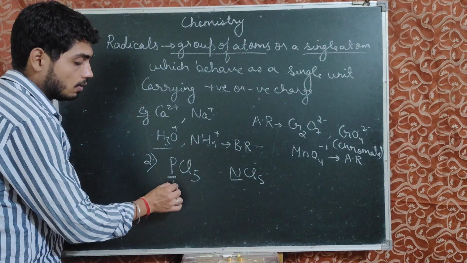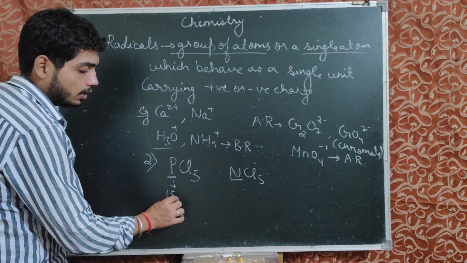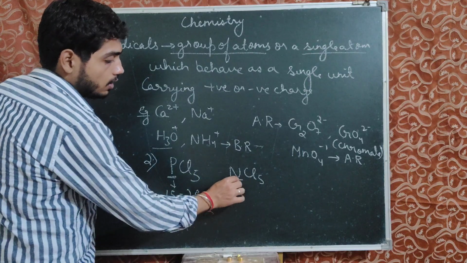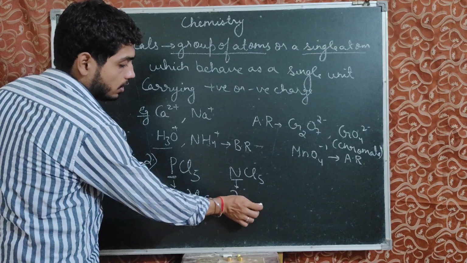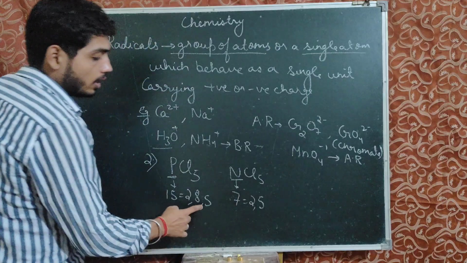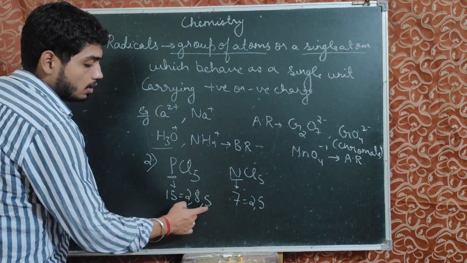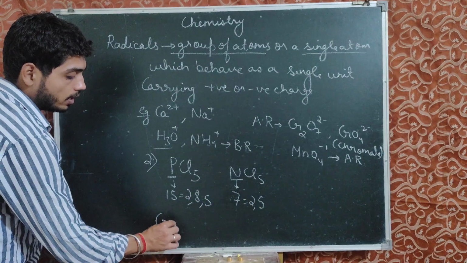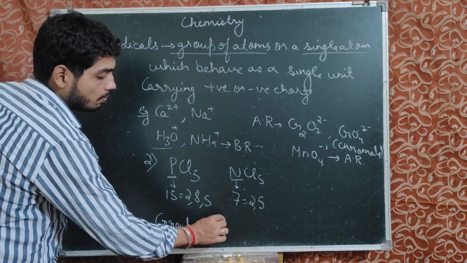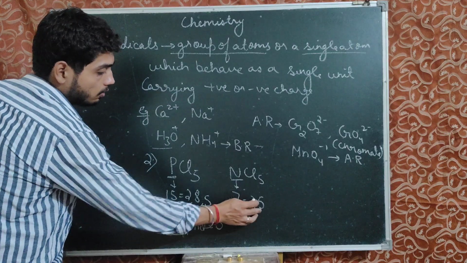Phosphorus atomic number is 15, so electronic configuration 2, 8, 5, and nitrogen atomic number is 7, configuration 2 and 5. Both have 5 electrons in the outermost shell, so both belong to the same group. Why? Because I already told you that group number is equal to number of valence electrons plus 10. How many valence electrons? 5.